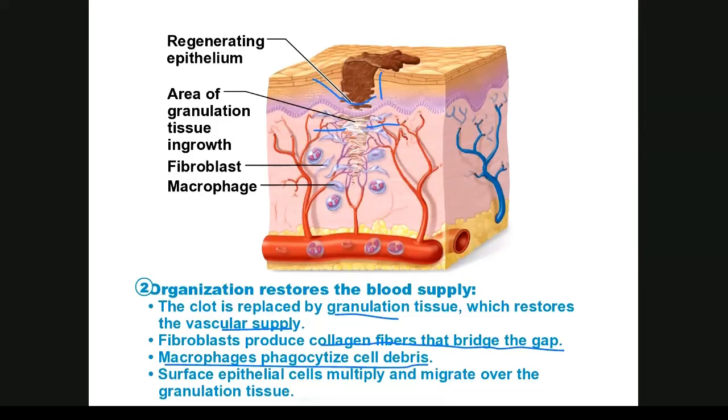Surface epithelial cells multiply and migrate over granulation tissue. Now, you may have a scar left here. So when you have stretch marks, the scar you're seeing is down here in the dermal layer. The epithelium completely heals. It's the dermis that has a scar.